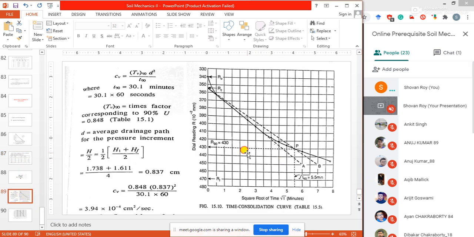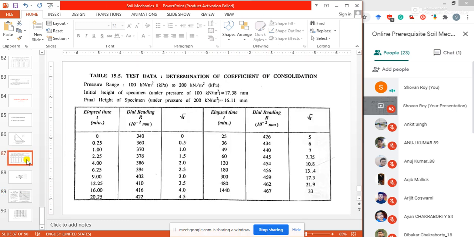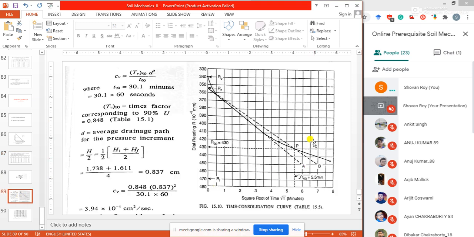You can see from this graph, which is drawn from the t values, root over t values and dial reading values, that at the abscissa the square root of time is given, and on the ordinate the dial readings are mentioned.